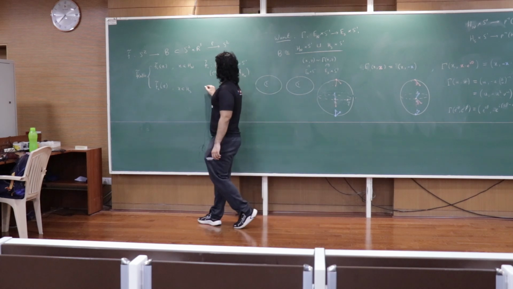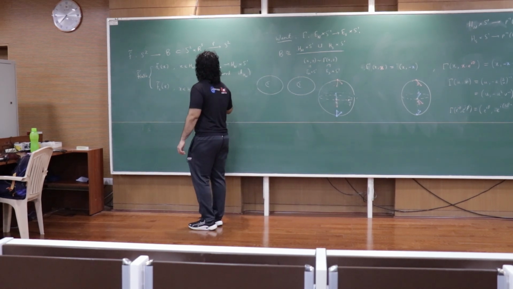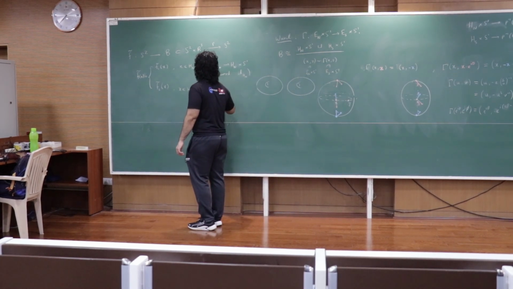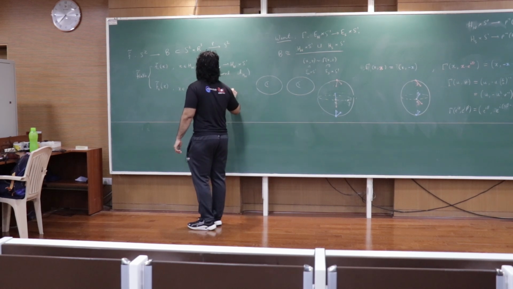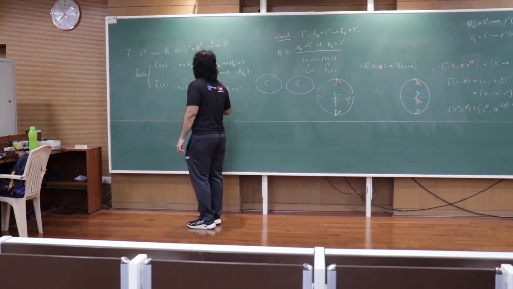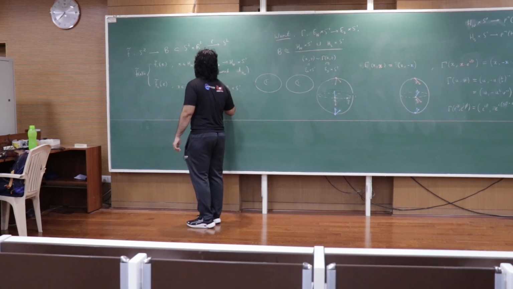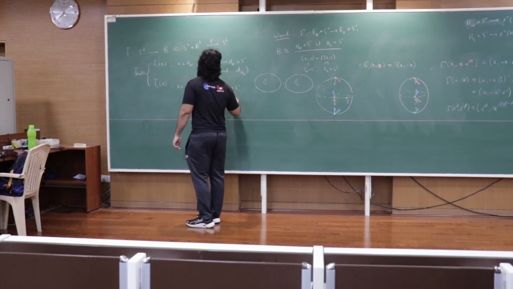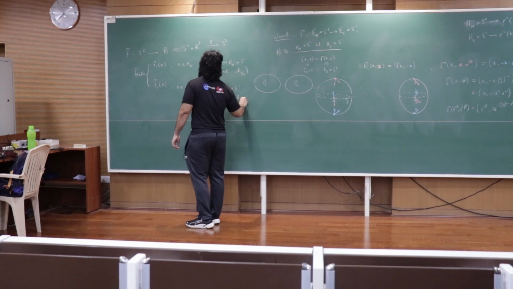And likewise f2 tilde, southern hemisphere to southern hemisphere cross S1 with first coordinate identity.